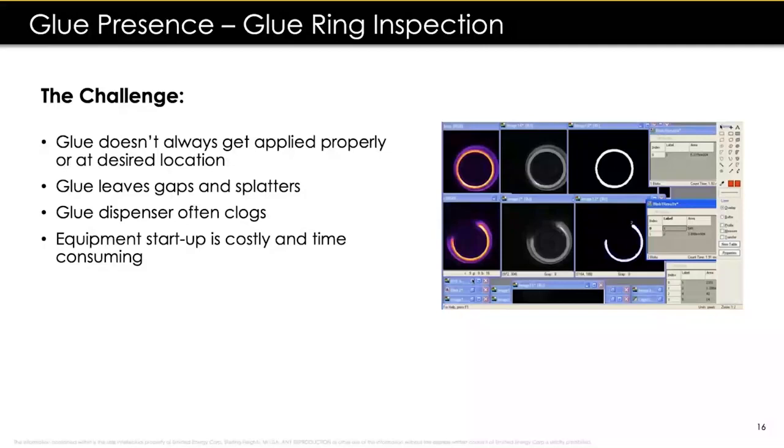But the method that we typically use on this is we use blob analysis to find the thermal ring of the adhesive. So we dynamically find where this adhesive is present, and then we draw region of interest or area of interest tools around that using blob analysis. From there, we do pixel density mapping. So we count a number of pixels in a particular area, and those pixels must be greater than a required value.